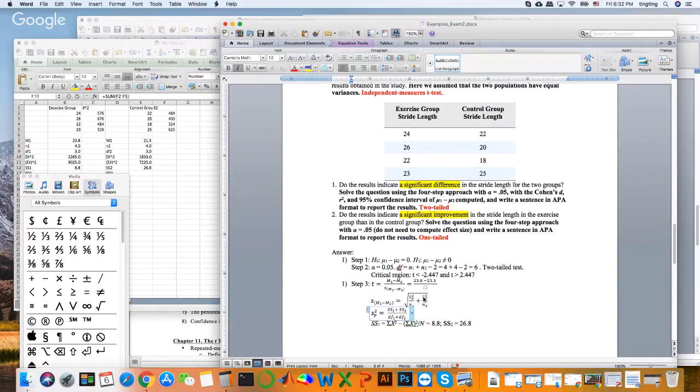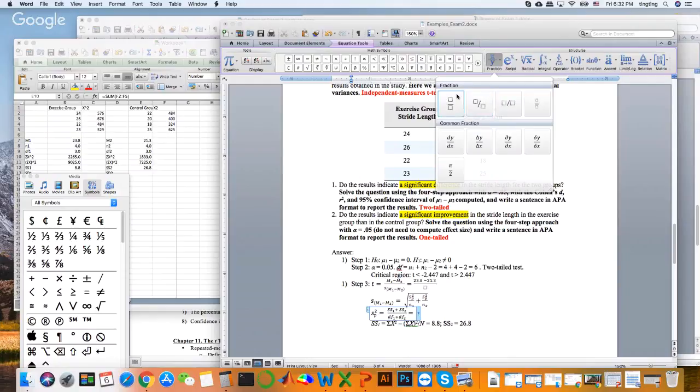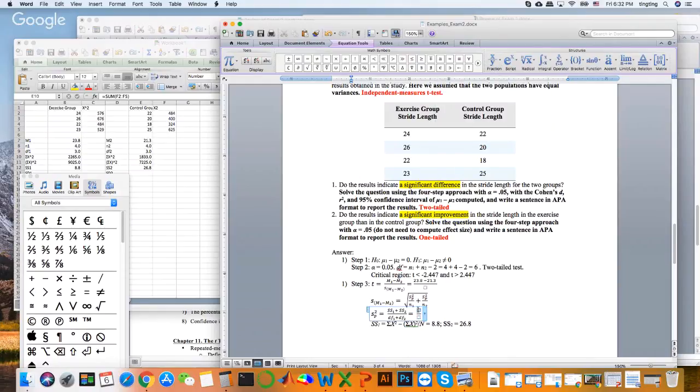So let's put these numbers right back into this formula. df1 equals 3, df2 also equals 3.